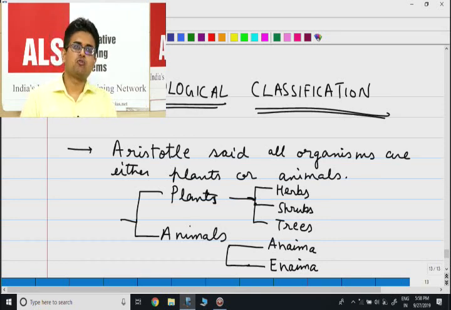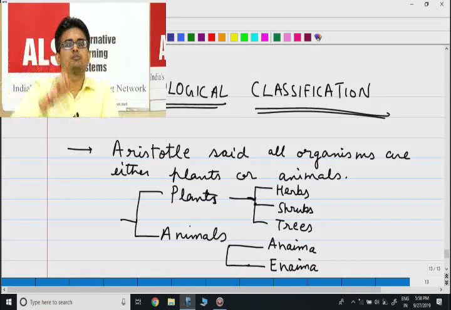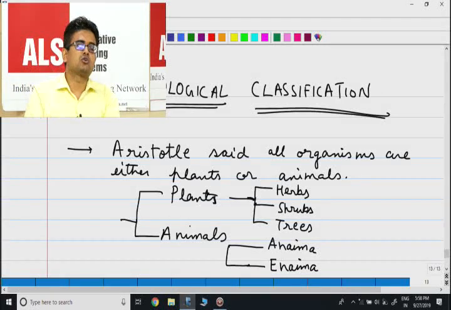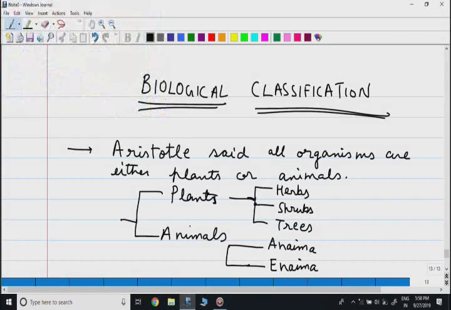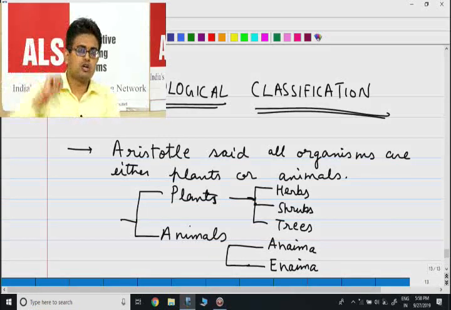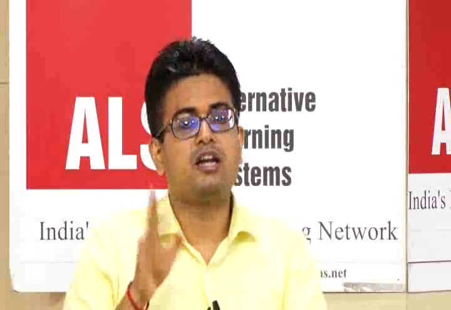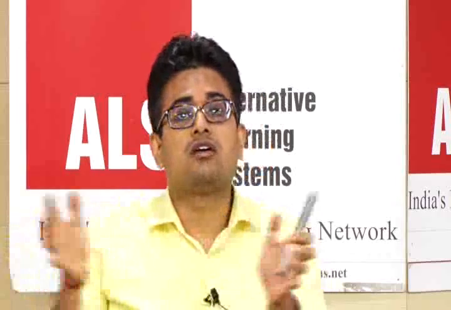One more thing, what is a herb? A herb is a plant which has soft stem, which can be easily bended. Shrub. Everybody has seen a rose plant. So rose plant, when it grows older, it develops a stem which is having woody character, but it does not grow into a large tree, right? So herb is a plant with soft stem, shrub is a plant with woody stem, and tree is a large plant with a continuous expansion, okay?